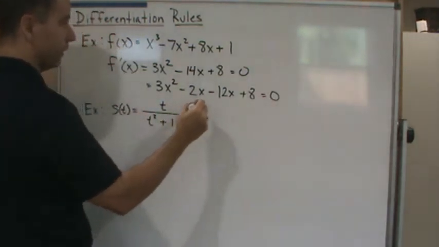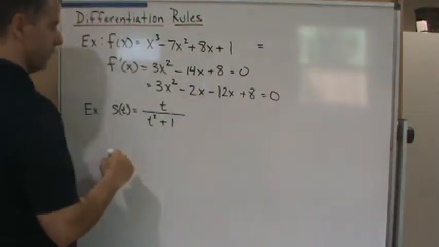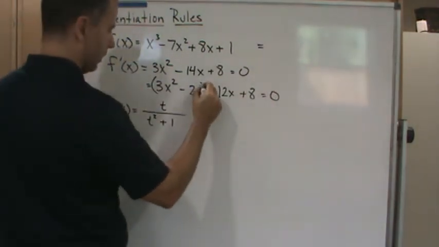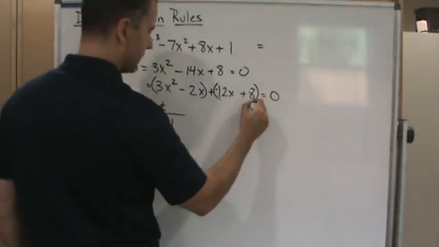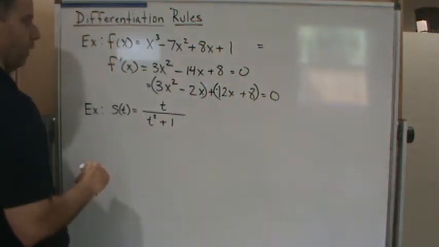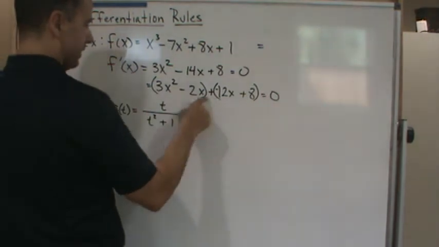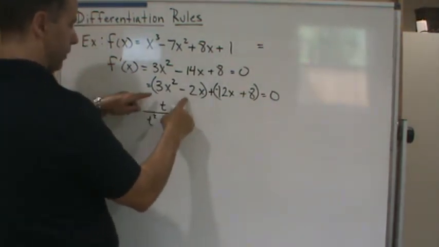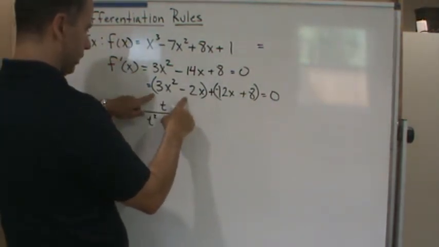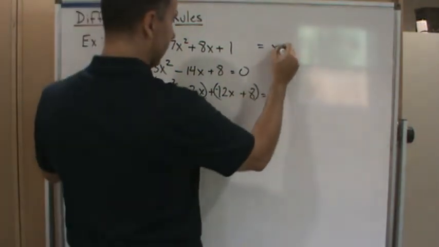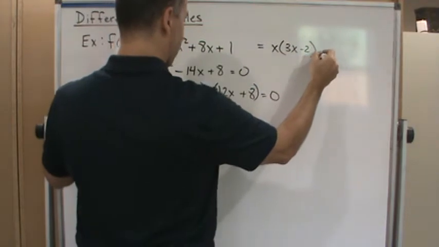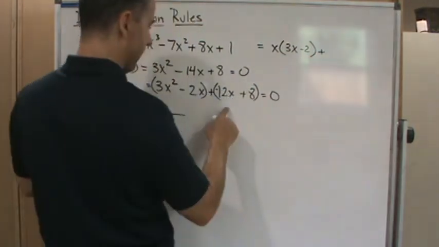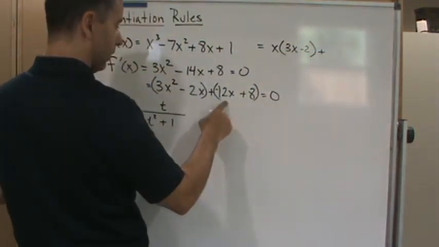We're going to group these two, and I'm going to change this to a plus negative, just to make sure I don't make any sign errors. Now I'm going to factor out the greatest common factor here, which is going to be x. So we get x times 3x minus 2, plus, now I'm going to factor out a negative 4.